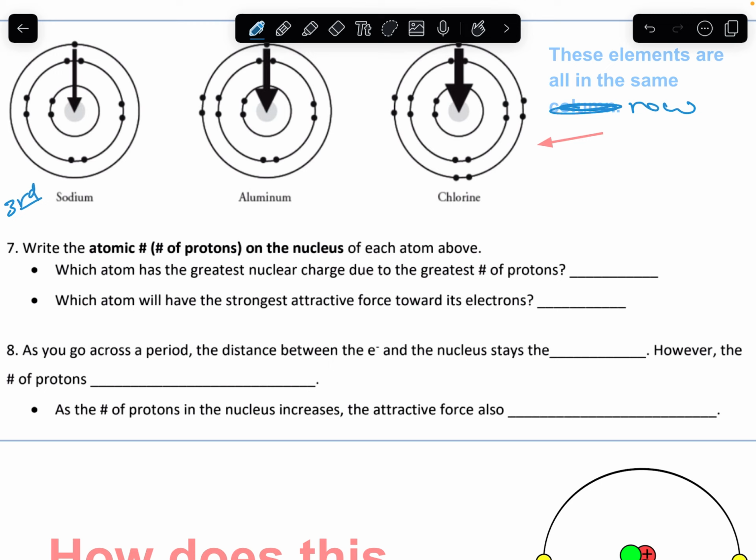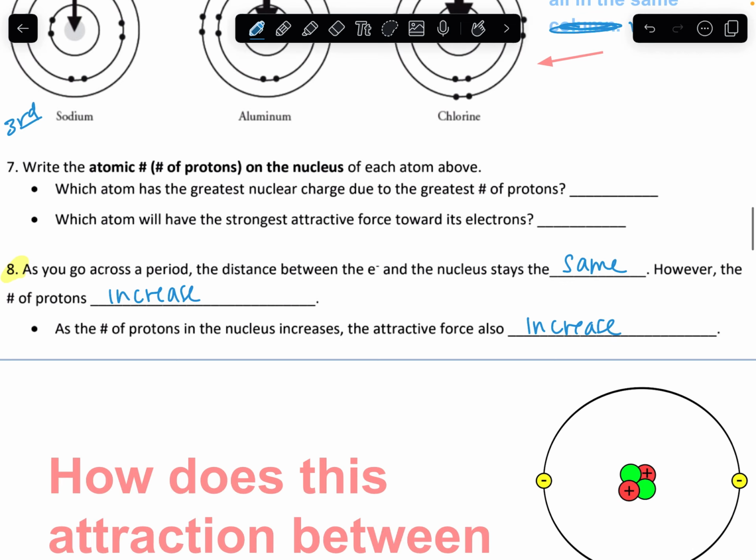So the distance isn't changing, but we're actually increasing the number of protons. So as we go across the periodic table, the distance is going to stay the same, but the number of protons is going to increase. And when we increase those protons, we also increase the attractive force.